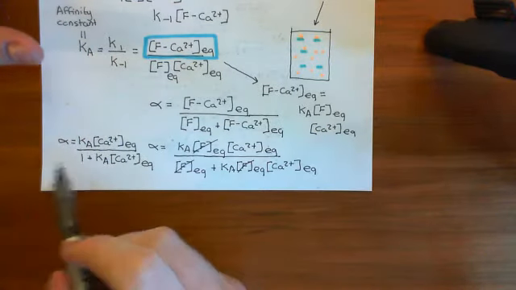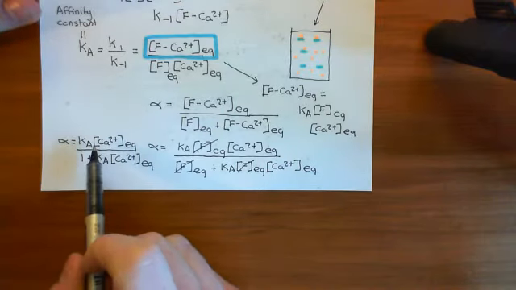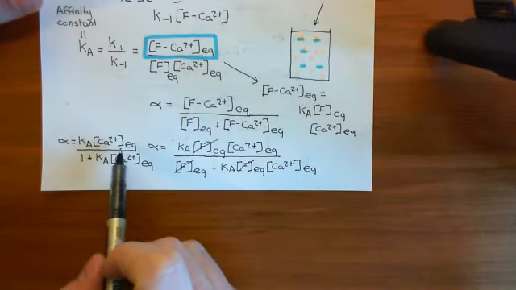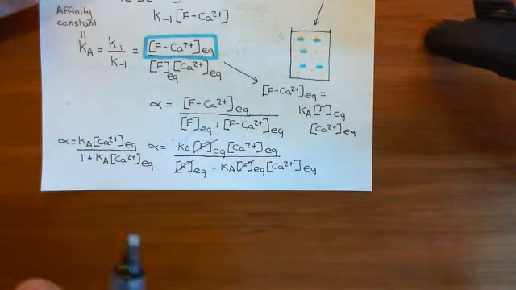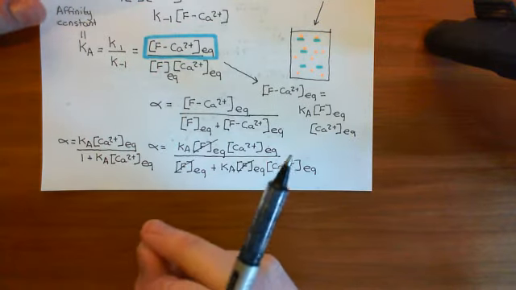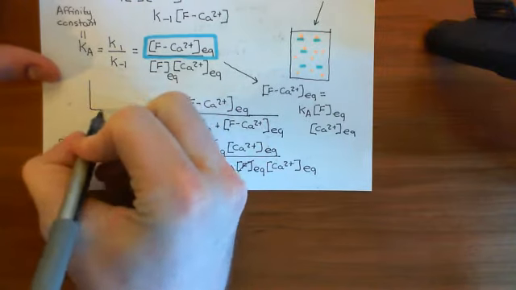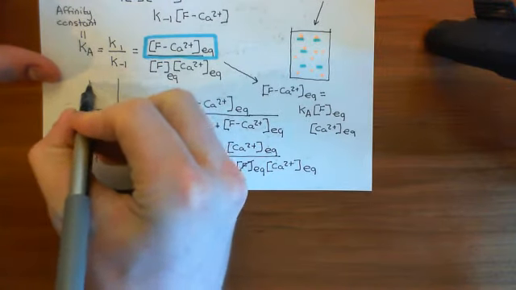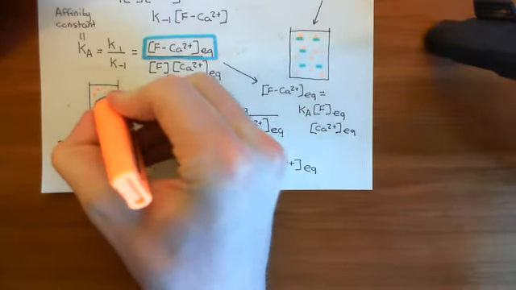Now, we are going to make one little modification, because basically we don't know what the calcium concentration at equilibrium is. And we don't want the calcium concentration at equilibrium. What we want, remember, was the calcium concentration initially in the test solution. So before you ever added Fluo-4 molecules, you had a certain concentration of calcium in this solution.